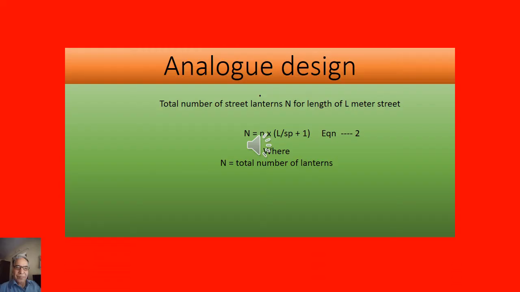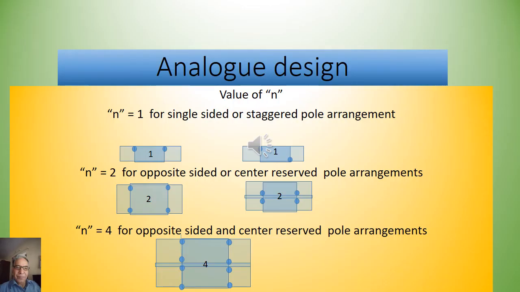In this analog design, the total number of street lanterns N for a length of L meter street is N equals small n into L upon SP plus 1, in bracket, equation 2, where N is the total number of lanterns on the road. Analog design continued.